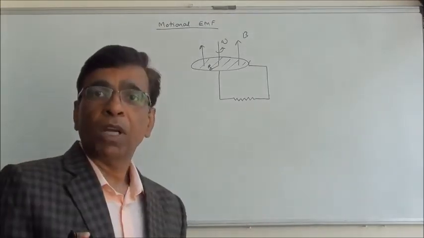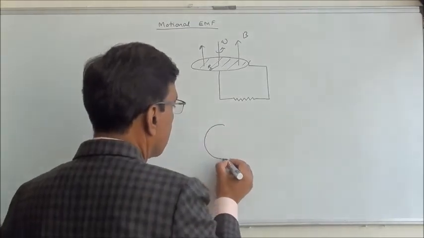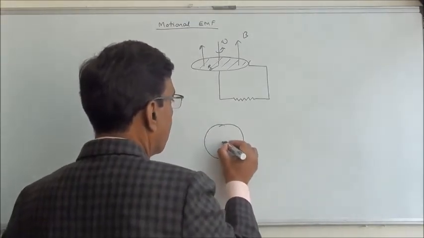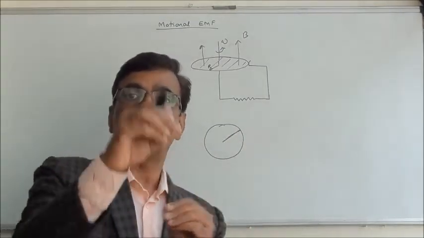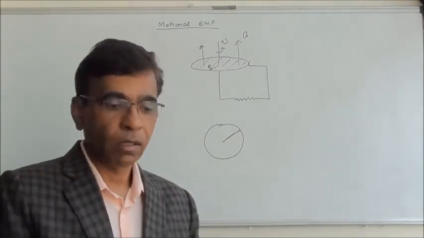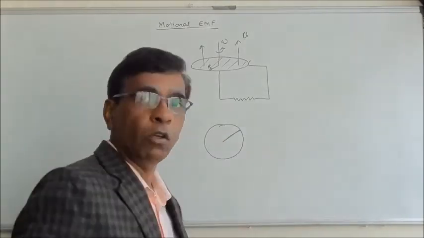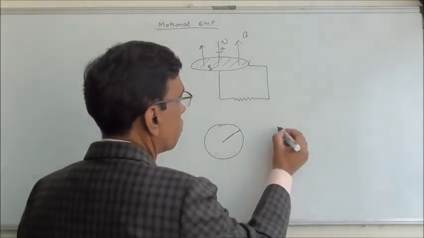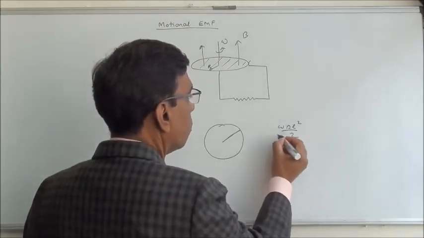Here again the way to calculate the EMF is the same. The disc may be supposed to be made up of a large number of rods placed in contact. For one rod, we know the EMF: we have just done omega B L square by 2.